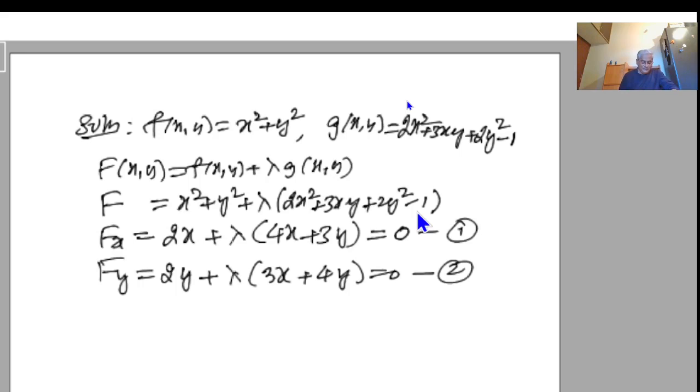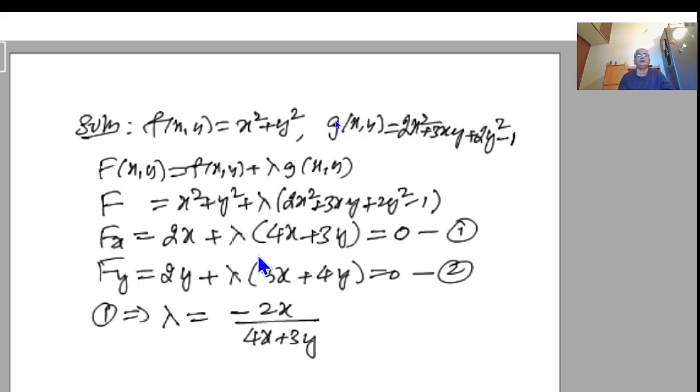Now 1 and 2 can be written as lambda is equal to minus 2x divided by 4x plus 3y. Okay. What I am doing here is I am taking this to the right hand side.